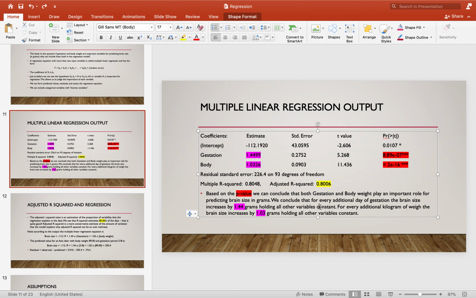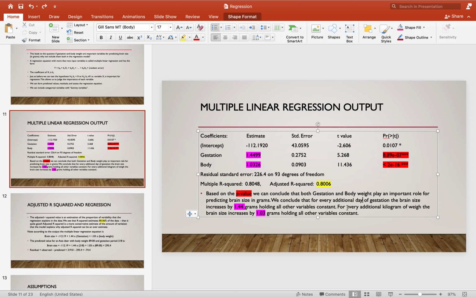But I just want to state, the important part is the p-value. That's what's new for us. We should also be able to form the regression equation. But based on the p-value, we conclude that both the variables of gestation and body weight are important for predicting brain size, which is measured in grams.